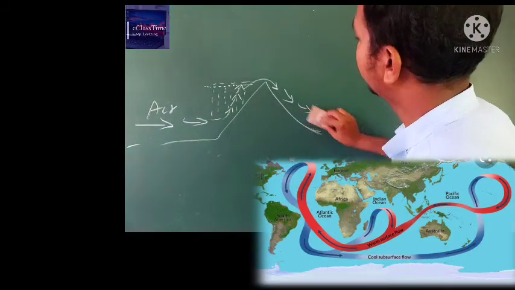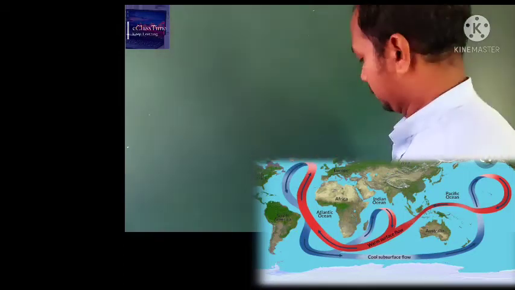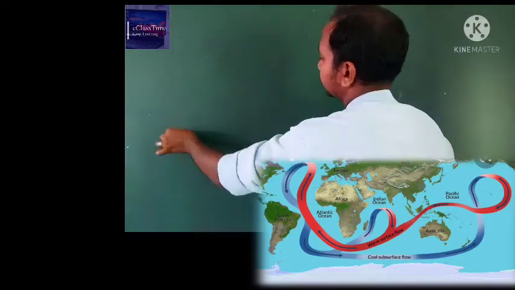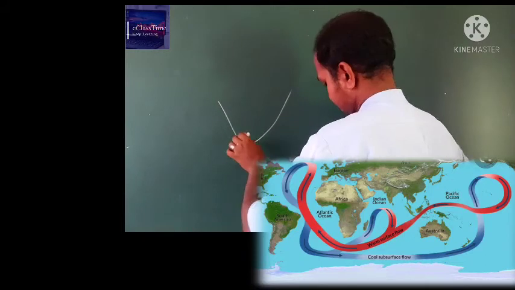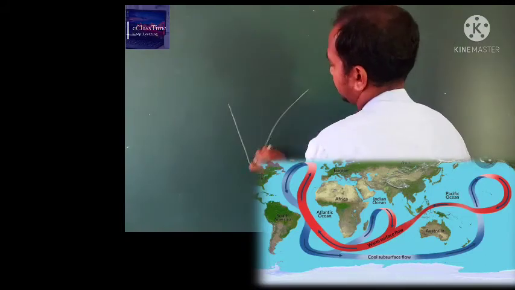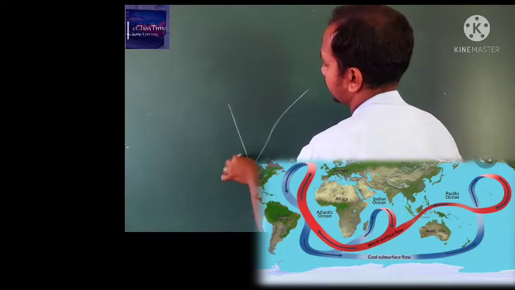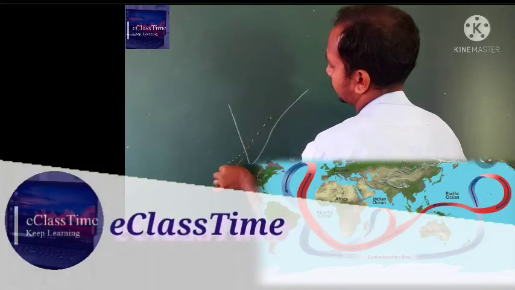This example can be seen very nicely in our map when we draw the Indian map. Dear friends, in the Indian map it is very nicely shown. It is like this, our country, the southern part of our country. Now what happens? Wind is blowing from the west.